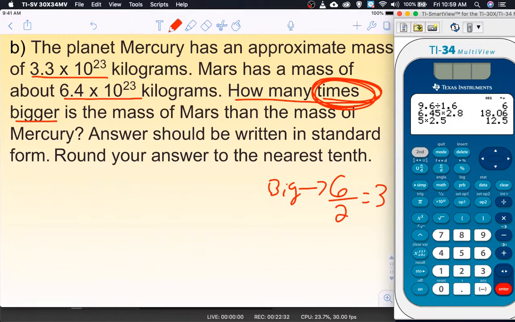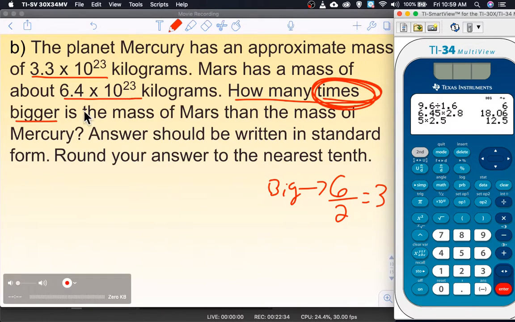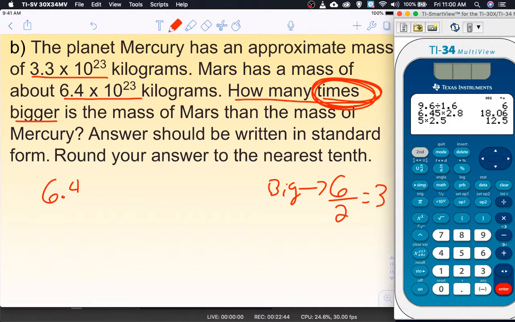Since they have the same power of 10, I can't use that. Now I'm going to move to the decimal piece. Who has the bigger decimal piece, Mercury or Mars? In this case, it's Mars. So I'm going to put Mars up top. I'm going to put Mercury down below. And I'm going to divide to find out how many times bigger.